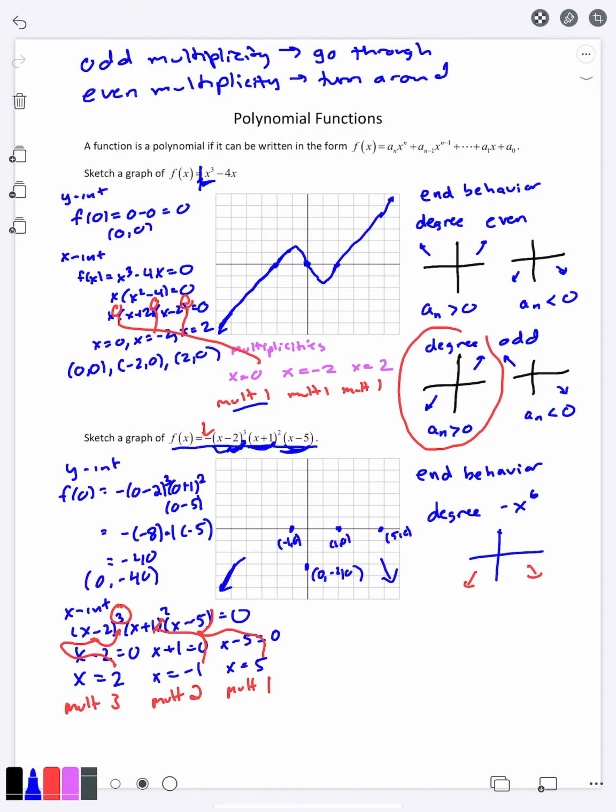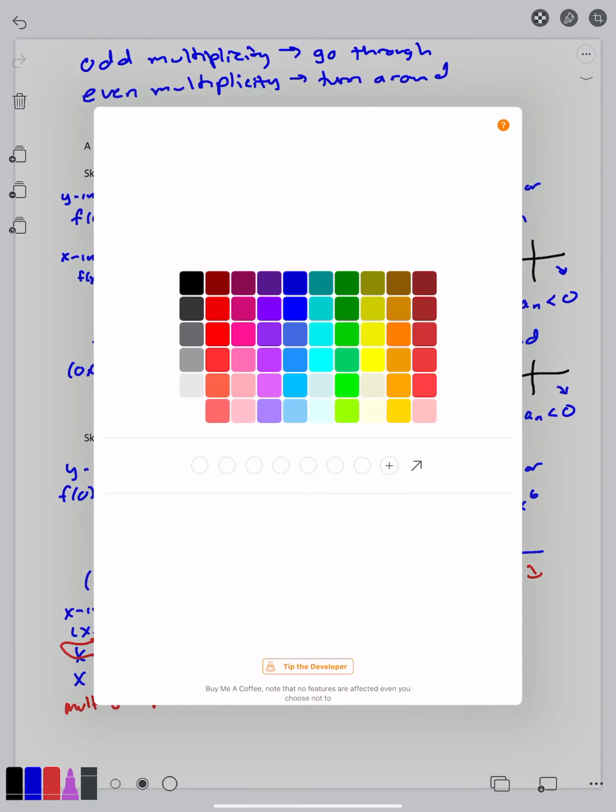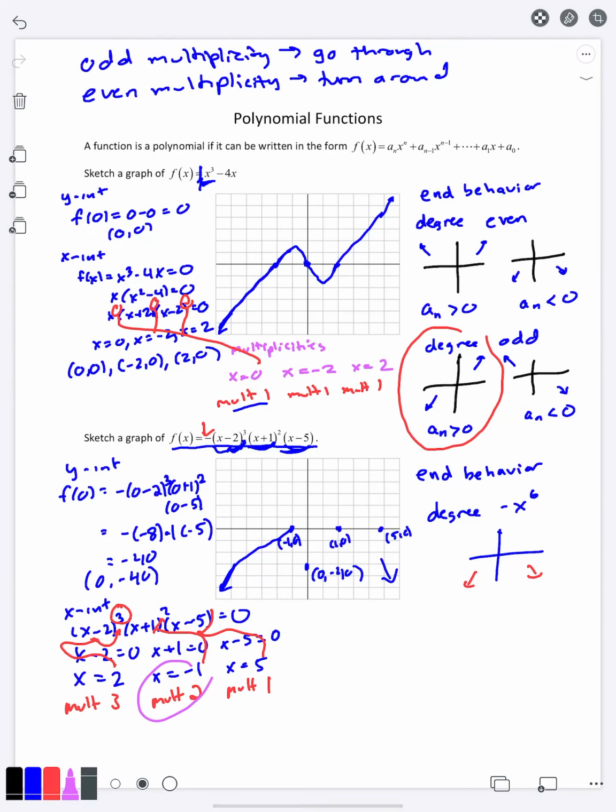And then we see we're going in here, come to this negative 1. At negative 1, I have a multiplicity of 2. That means I do not go through, I turn around, come down to the y-intercept, get back over here to 2. It's like a 1, but it's a 2 there. I have multiplicity of 3, which means I go through. And then 5 is going to go through.